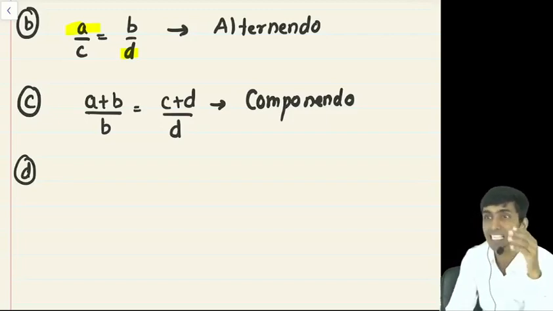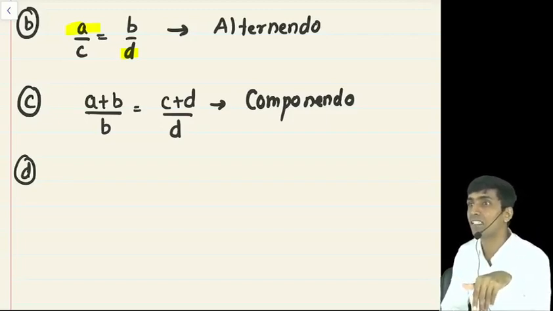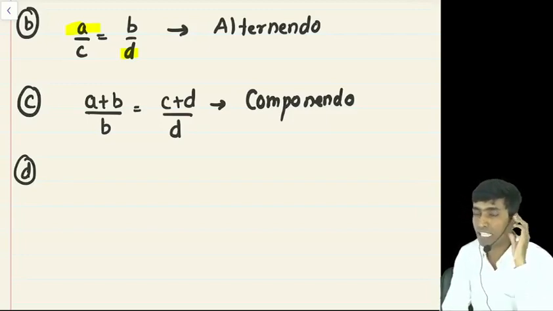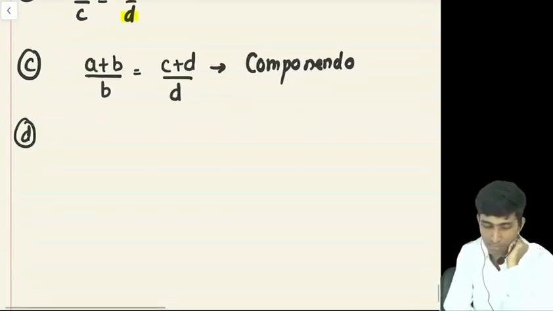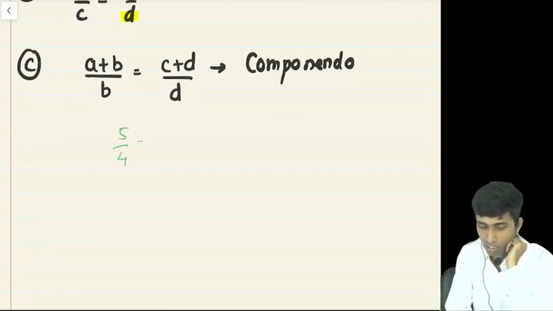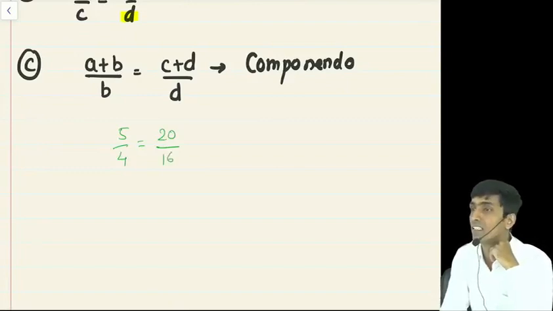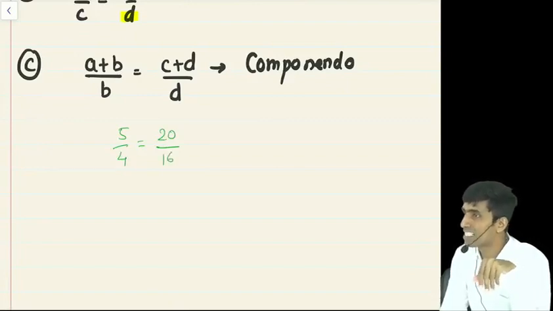If the ratio is something like this, just an example, 5 by 4 is equals to 20 by 16. Are they proportional? Yes. I have not taken random numbers. 5 4s are 20, 4 4s are 16.